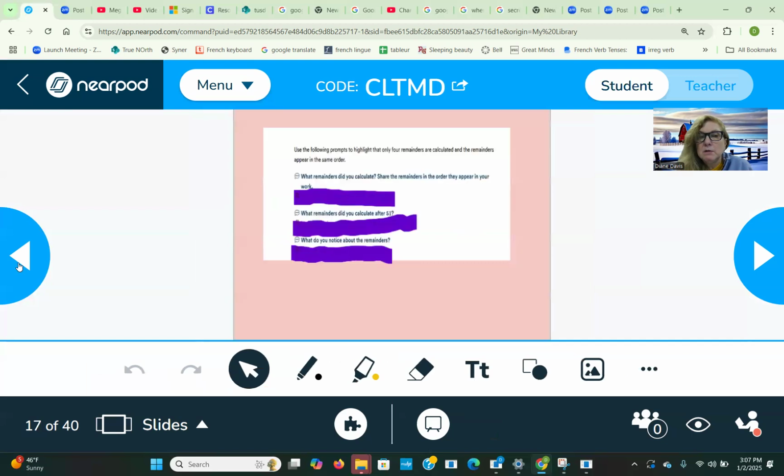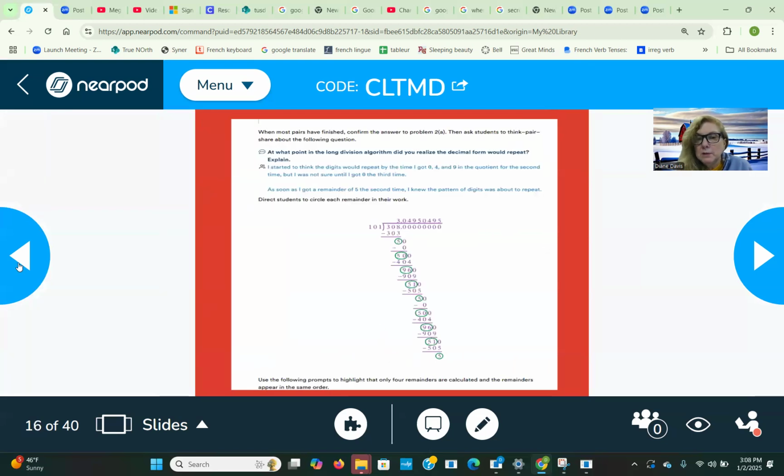Let's see what they're talking about here. These are the remainders. When you say 101 goes into 500 4 times, and you say 4 times 101 is 404, and then you subtract and you get a remainder of 96.